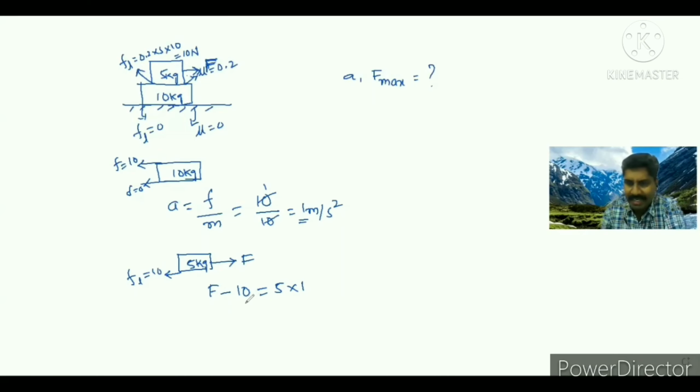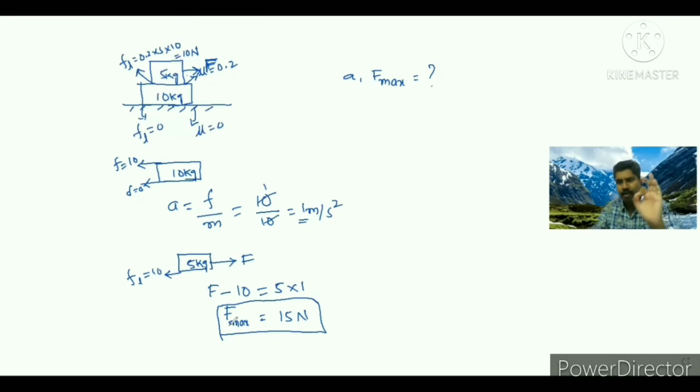So 5 plus 10 means the F max value is 15 newtons. Up to 15 newtons both blocks will move together. If we apply 16 newtons, they will separate. Okay, so this is the first case.